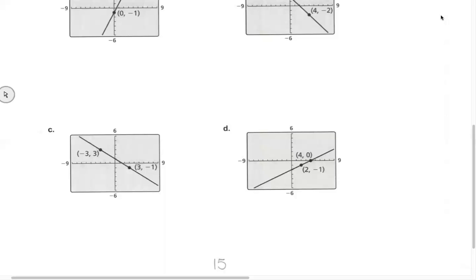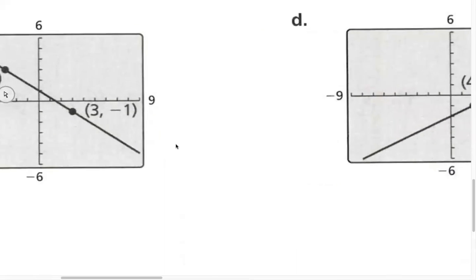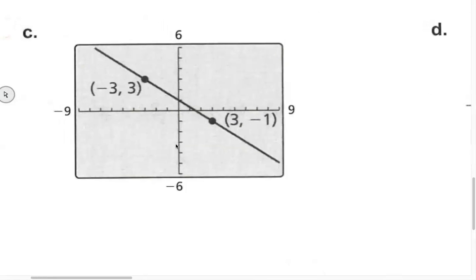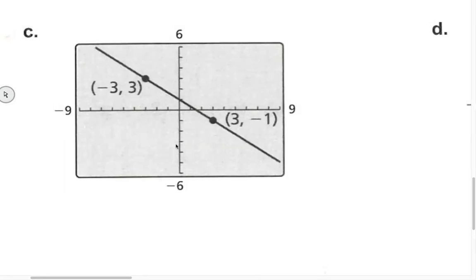All right, so let's look at C. I'll make it bigger. Mr. Ferry, is this big enough for you? All right. Mr. Ferry, how do I get from this point to this point? Down 4.